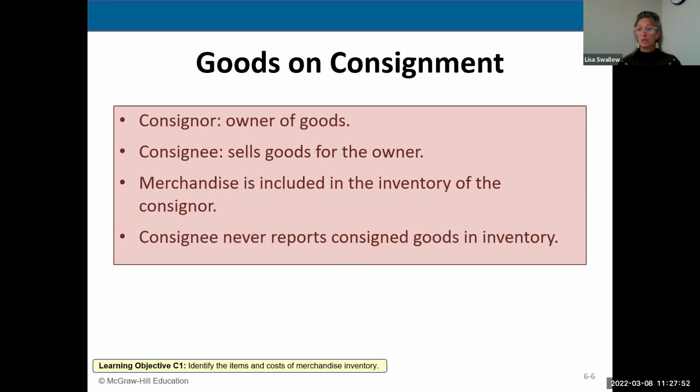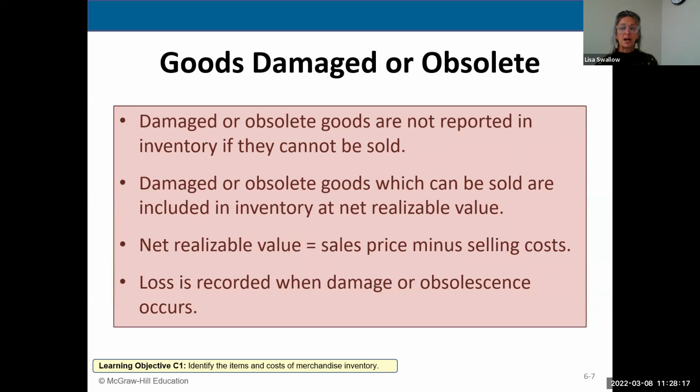Goods on consignment, you know what that is. It's if I take my RV or my clothes or my electronics and it's sitting in somebody else's shop, I own this as long as the consignor, and the consignee is never going to own it because they're just the broker. So it stays in the consignor's inventory. For products that are damaged or old or degraded in some way, we have to actually record a loss and mark that inventory down to something called net realizable value.